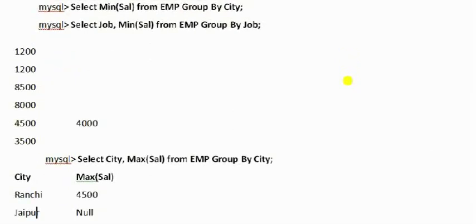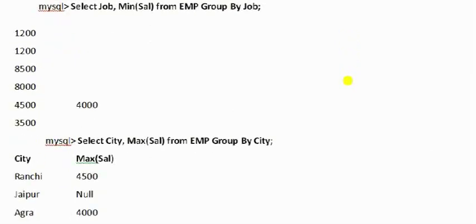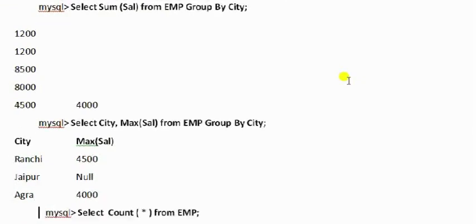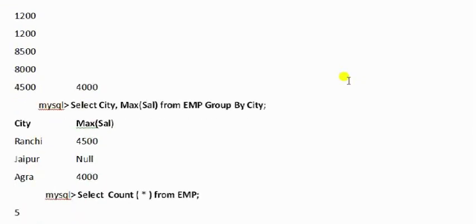Then select city, max sal from EMP group by city. So city wise maximum salary, and Agra. So city wise group maximum salary has been calculated.